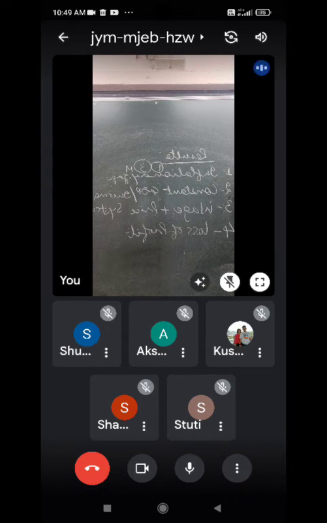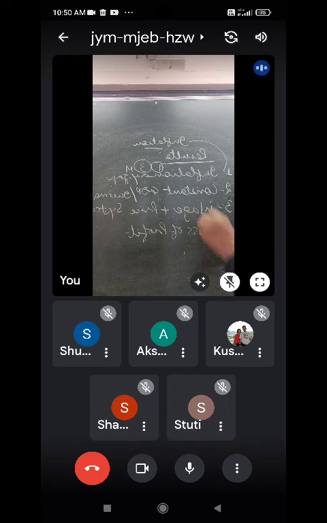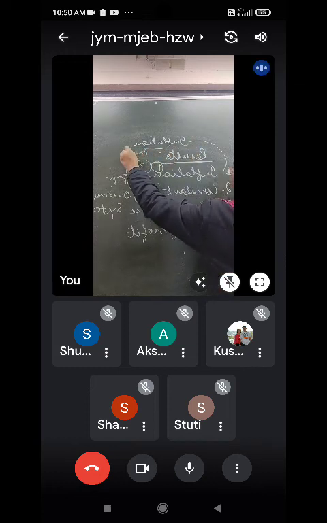So when we come to the first point, please note down a few important points here. The word inflationary gap is derived from the word inflation. And the meaning of inflation is price rise.